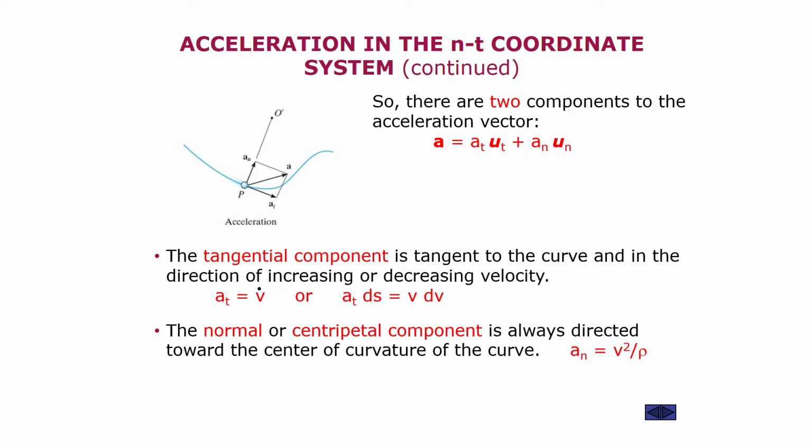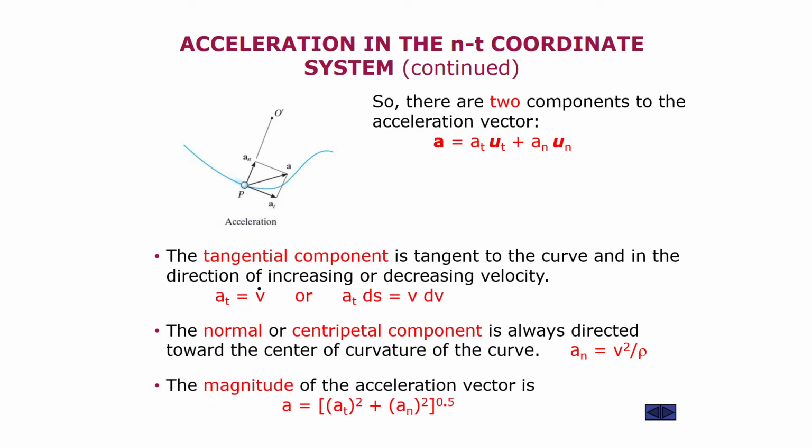The normal component is known as centripetal because it is always directed towards the center of rotation, the center of curvature of the curve. So a_n is found by using v squared over rho, where rho is the radius. For the magnitude, you take the square root of a_t squared plus a_n squared.